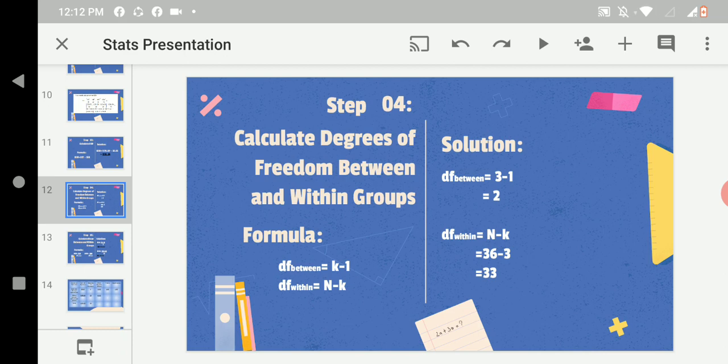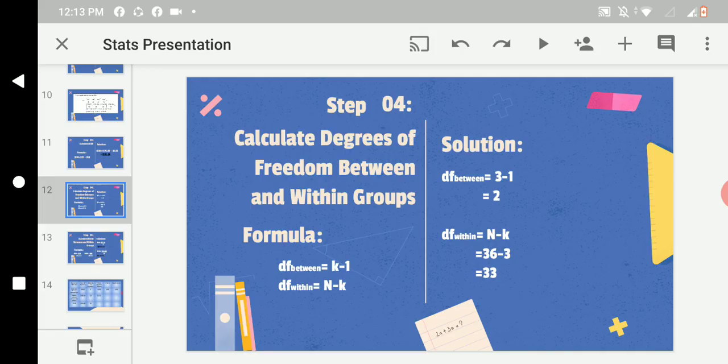Okay, so let's solve it. For the degrees of freedom between groups, we have 3 minus 1. Why 3? Because we only have 3 groups, since k is the number of groups. So 3 minus 1 is equal to 2. Next, we will solve the degrees of freedom within the groups.